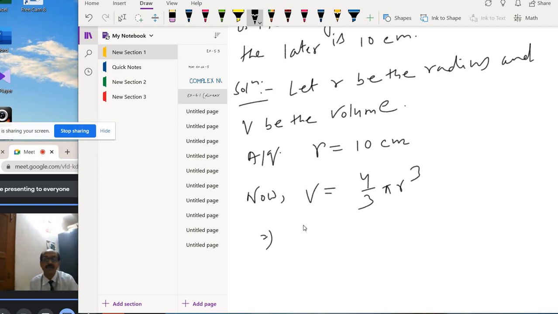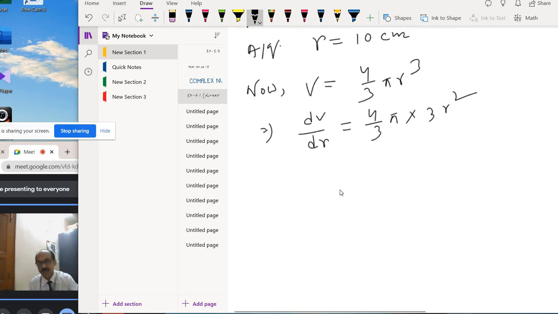So dV by dr equal to 4 by 3 pi into 3r square. Now 3 cancelled, so 4 pi r square, radius equal to 10, it is given. So 10 square is 100, equal to 400 pi dV by dr.